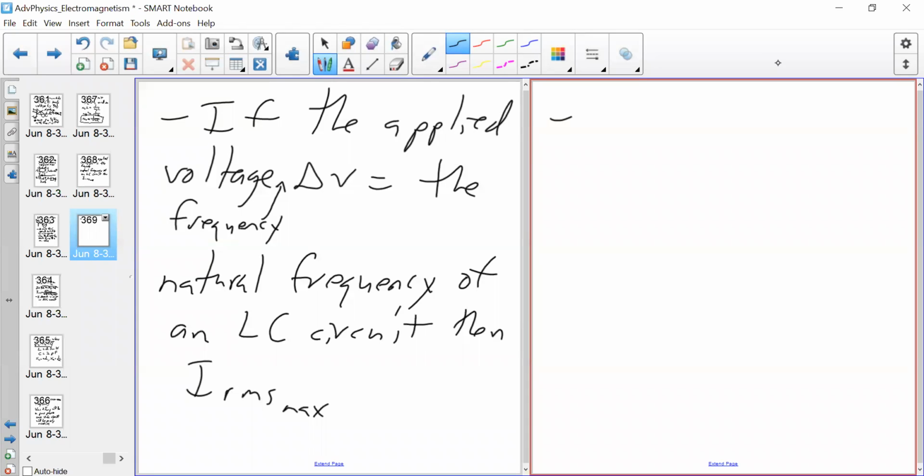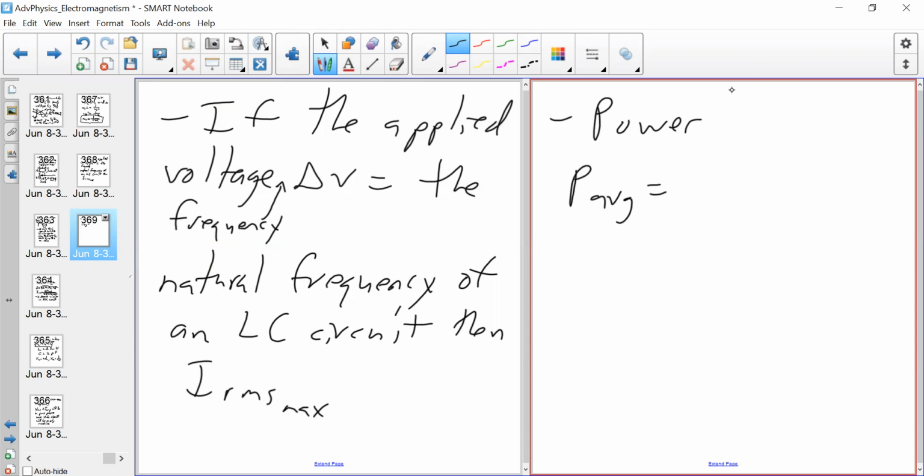Okay, so now power in an RLC circuit. I guess suppose in terms of the resonant frequency. So let's develop that.